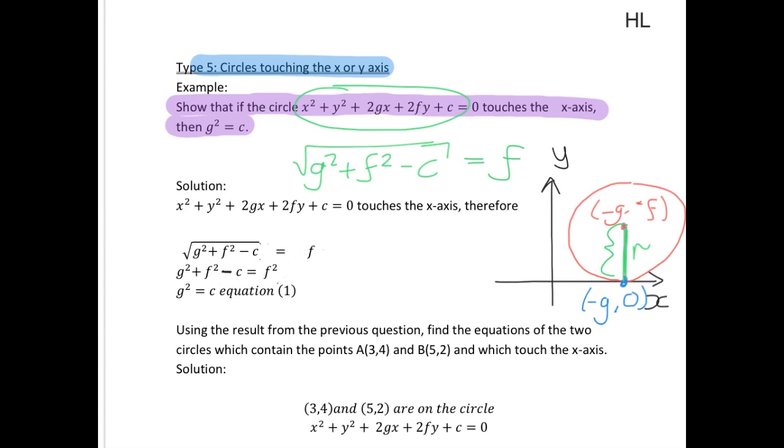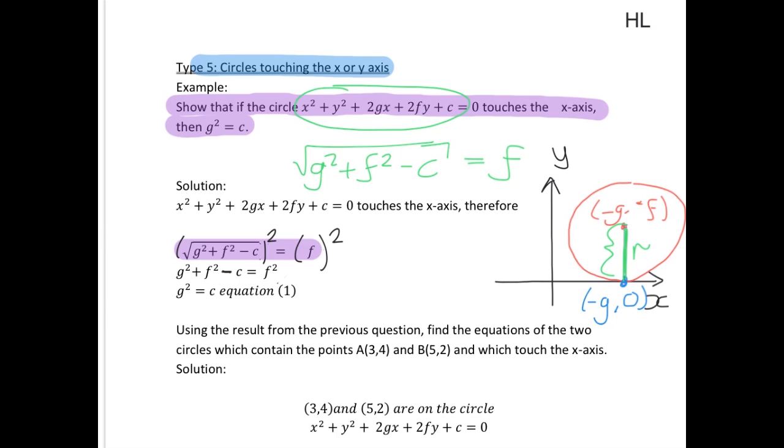So I've taken that equation and I've written it down here. And what we can do now is that if we square both sides of this equation, the square and square root cancel on our left, so we get g squared plus f squared minus c is equal to f squared.